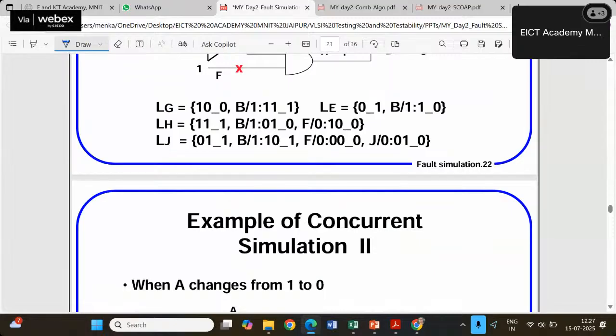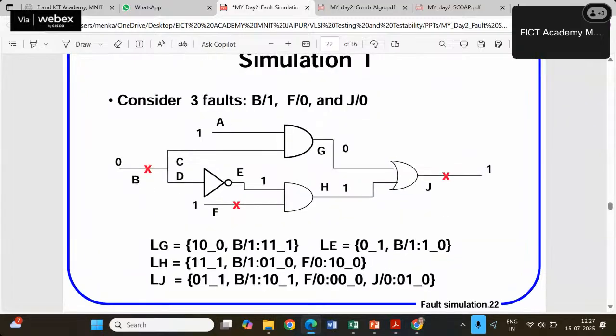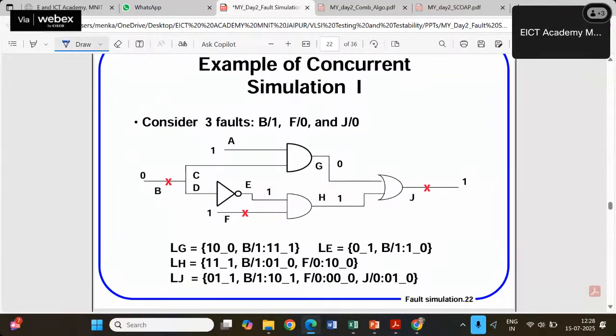So let us take this, which is actually the dynamic equation only. In this, we will have the faulty and fault-free values for each and every gate. The denotation is somewhat like this.